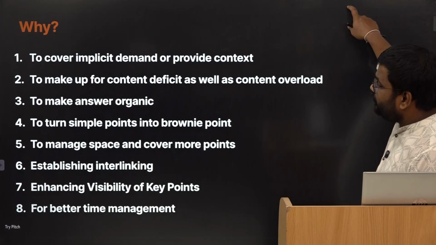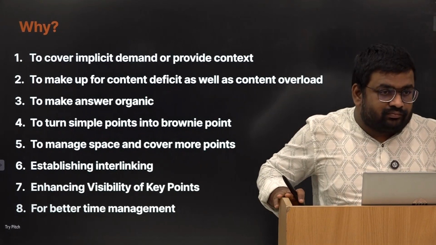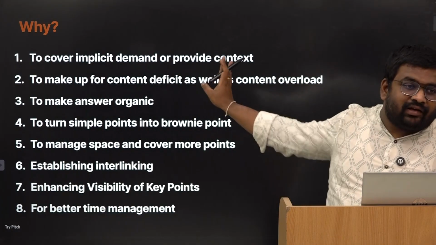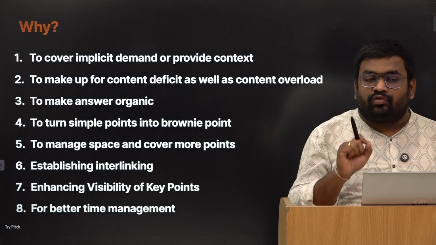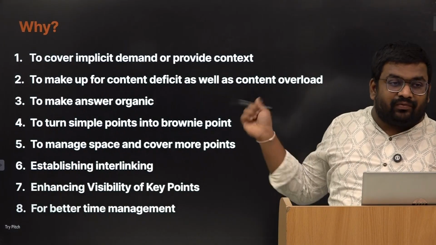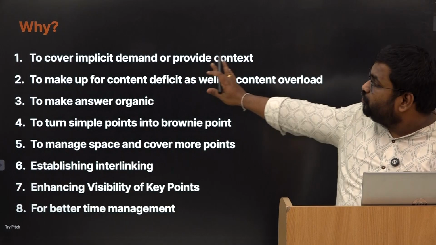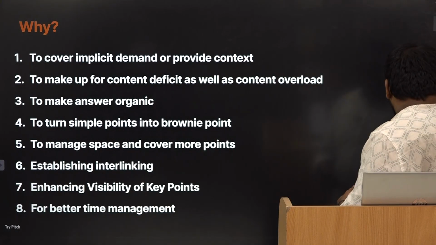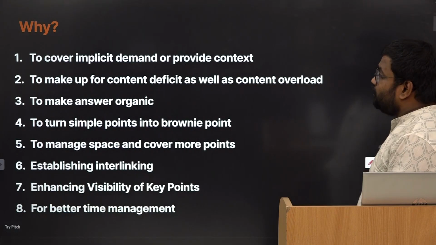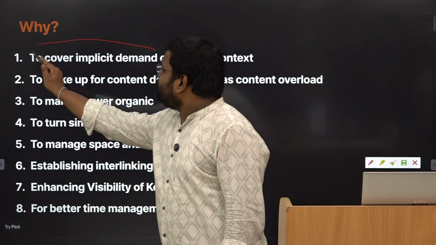Why you need the presentation. Now each and every aspect is the most critical one as far as the presentation aspect is concerned, and with the help of the toppers' answers, I am going to prove each and every aspect. So the first one is to cover the implicit demand.